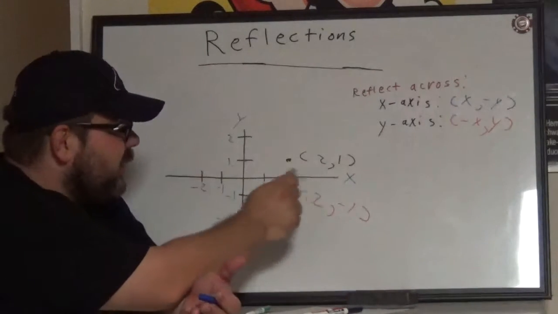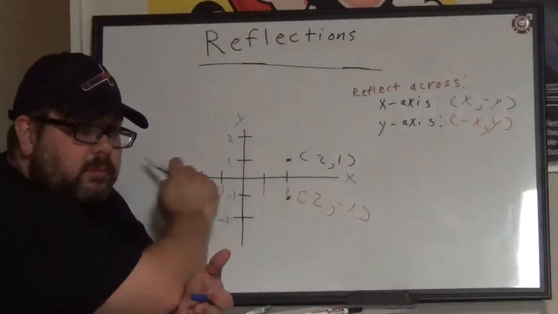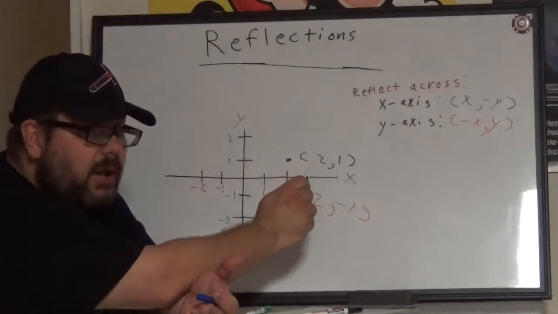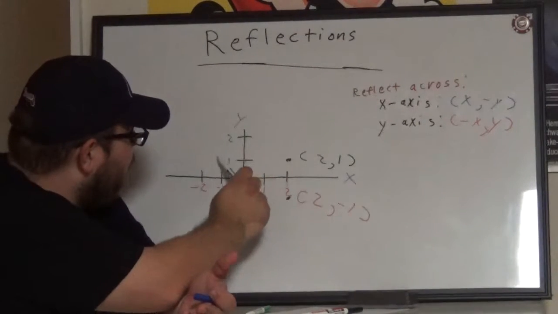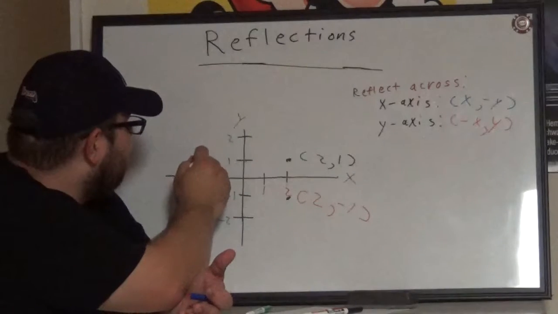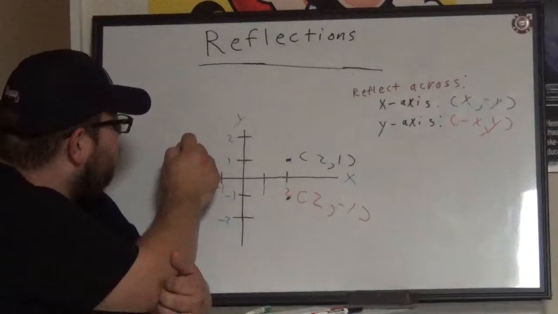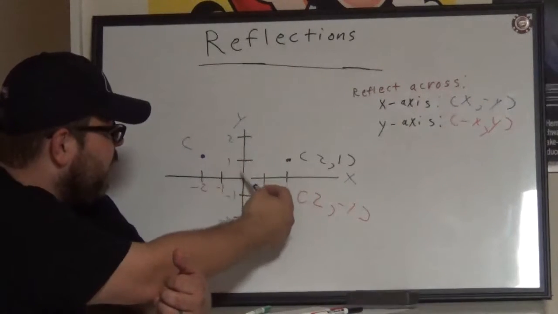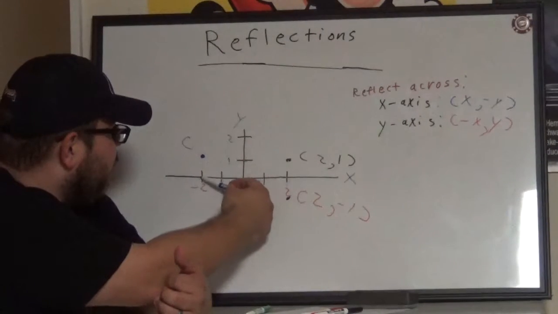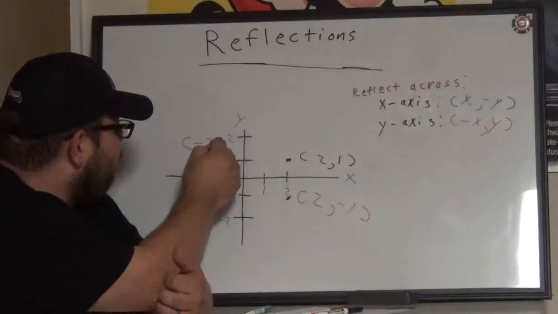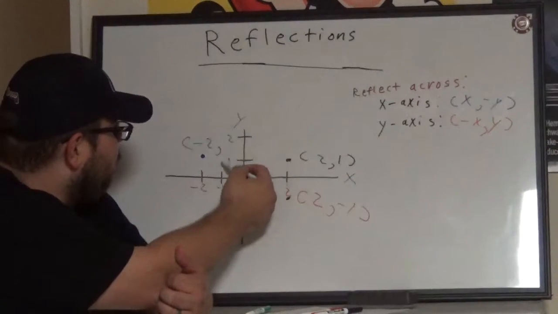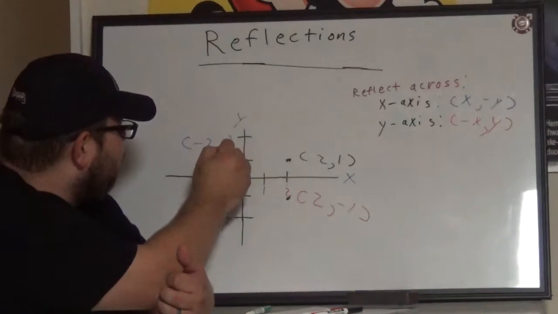Same, notice it's on the same line. We still will make a horizontal line. We'll go 1, 2, make a point. Label it. Well, now we can label our point negative 2 and positive 1.